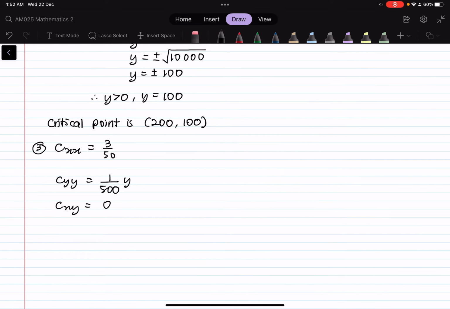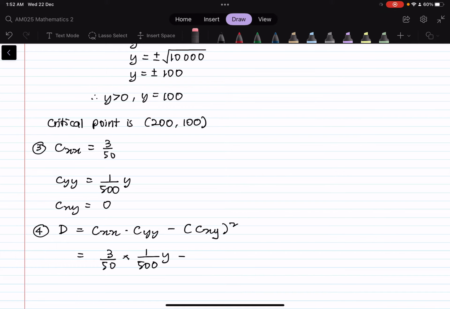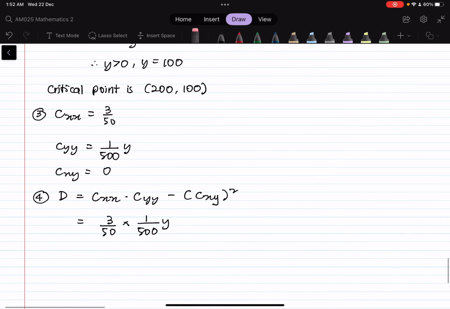Let us substitute into the D-test, or second order partial derivative test, which is c sub xx times c sub yy minus the square of c sub xy. So 3 over 50 times 1 over 500y minus 0 squared, and 0 squared is 0.